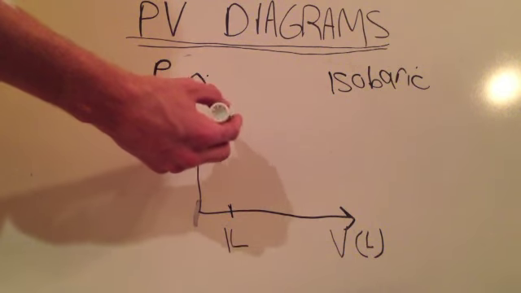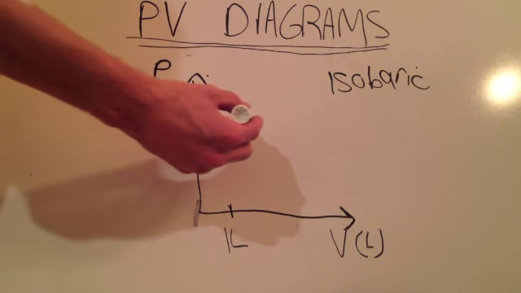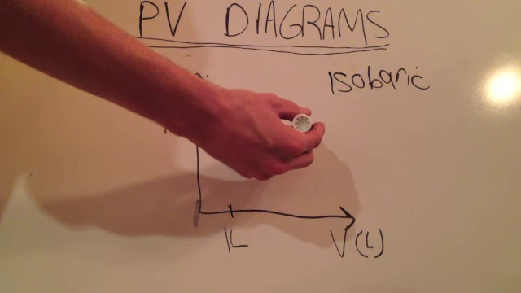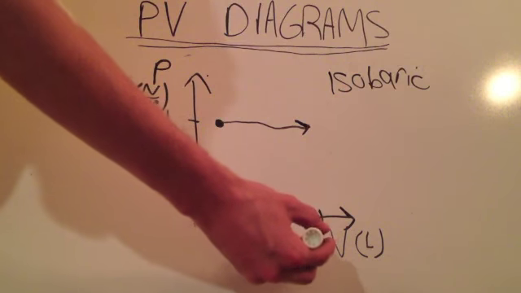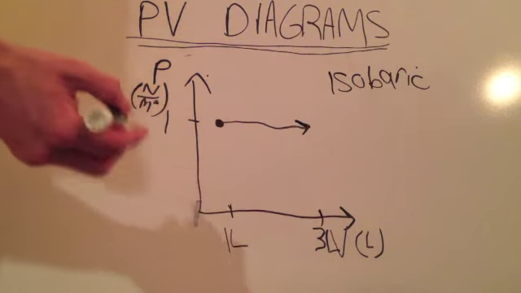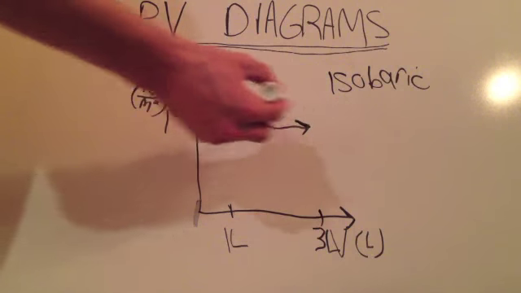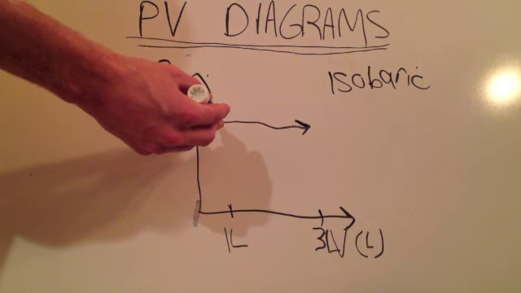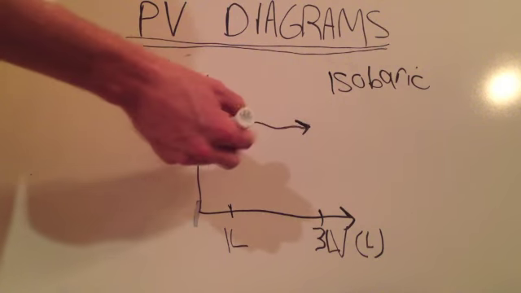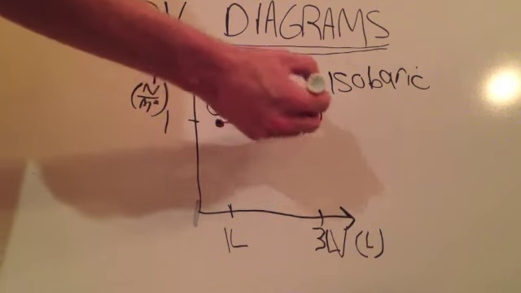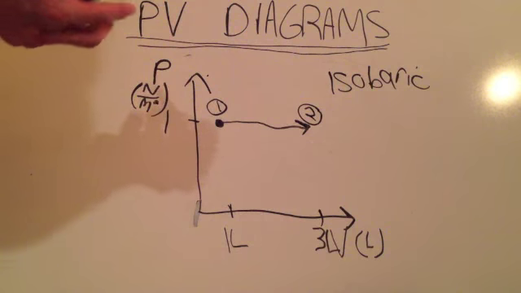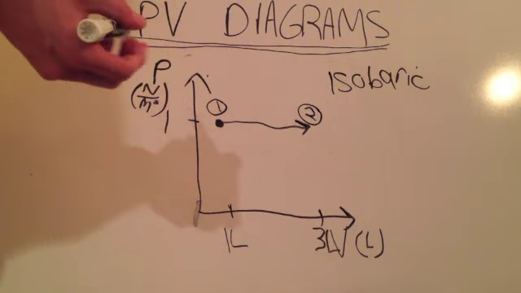And when it changes, it's going to keep the same pressure in a straight line and expand in volume to say 3 liters. And we use a point to indicate the start and then arrows to indicate changes. And then it's also helpful to label what step in the process each point is.